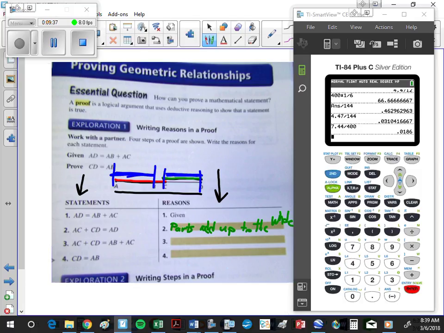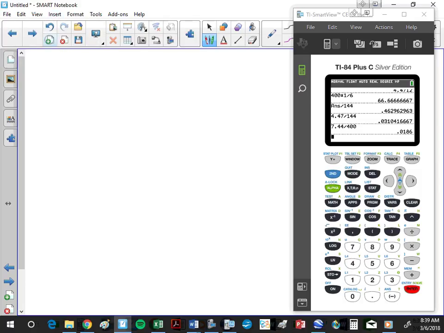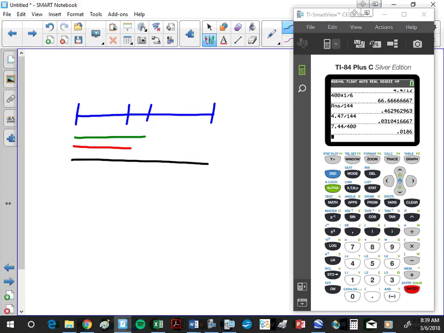Well, let's think about it abstractly. So I have this distance with points here. The only thing I know is that this length plus this length is equal to this length. Okay, I know that.